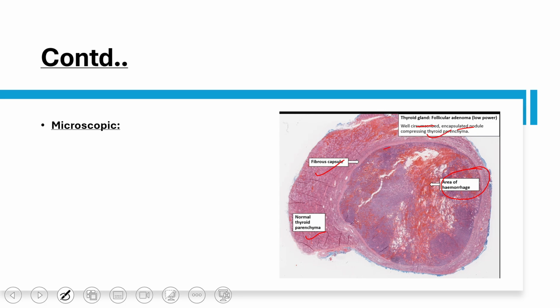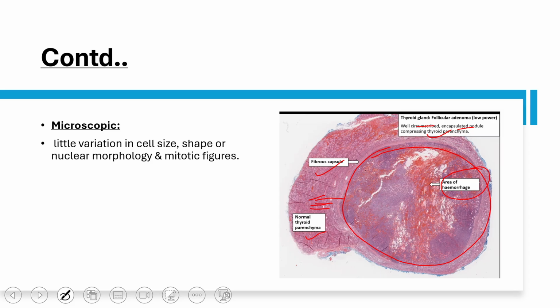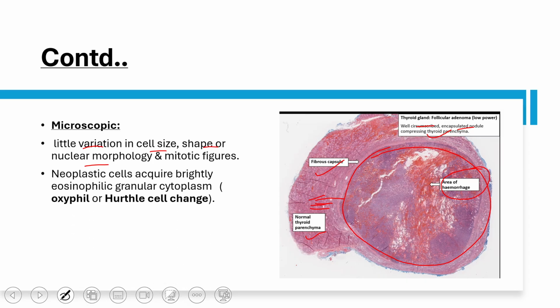Here we can see little variation in cell size, shape, or nuclear morphology, and mitoses are not significant. Neoplastic cells acquire brightly eosinophilic granular cytoplasm, that is oxyphil or Hurthle cell change. Such things can be seen.